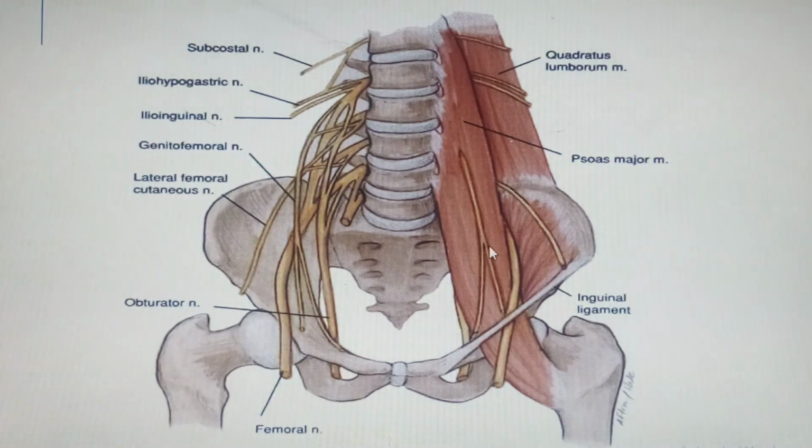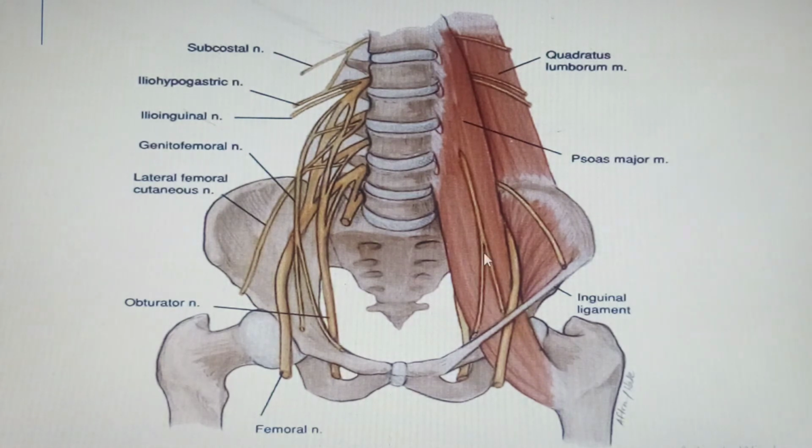This genitofemoral nerve will divide into two. This branch goes to the genitals to supply the cremasteric muscle, and that's why it's very important in the cremasteric reflex.